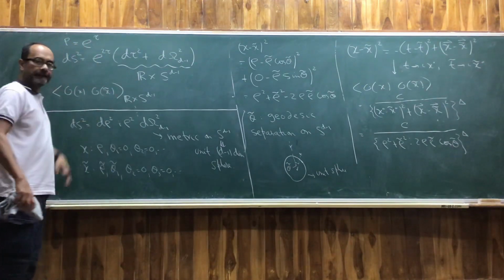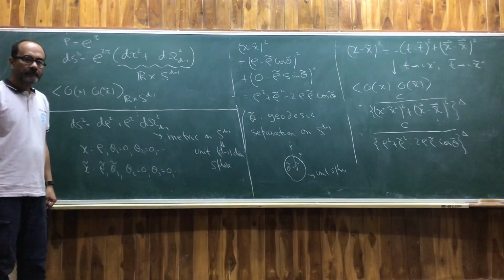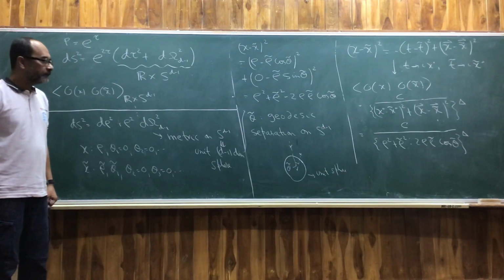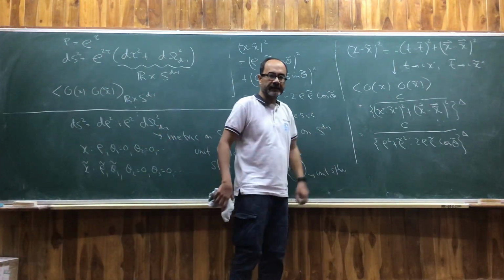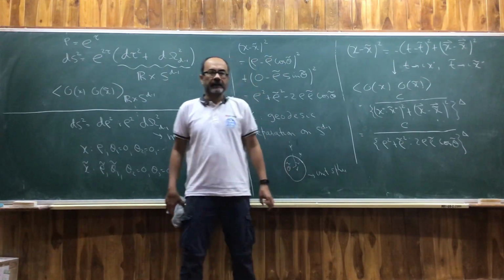So what will it be? It will be equal to the original one, to the power minus, but tau.